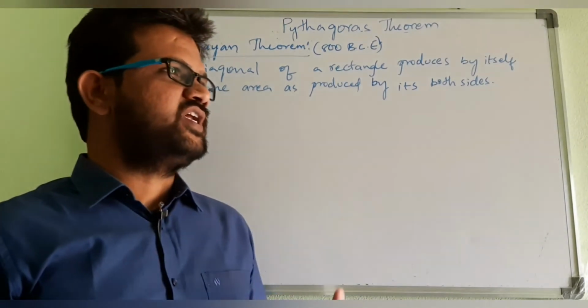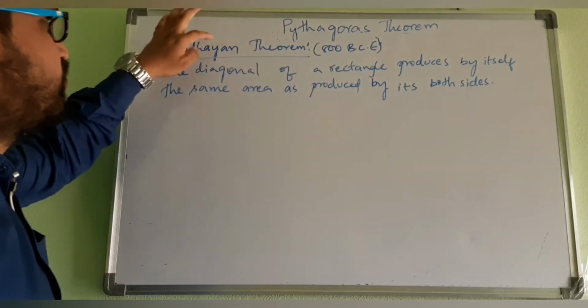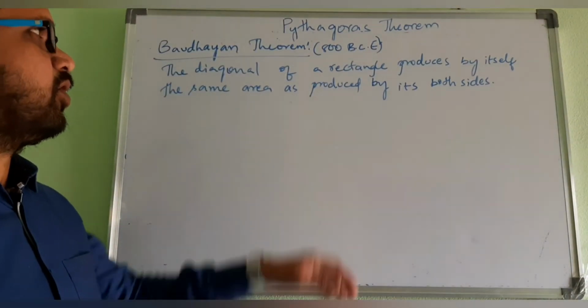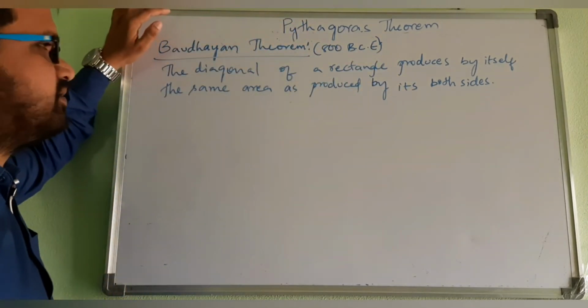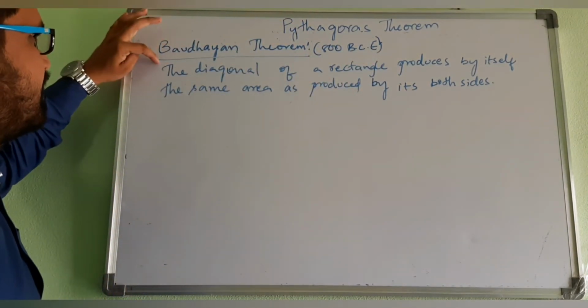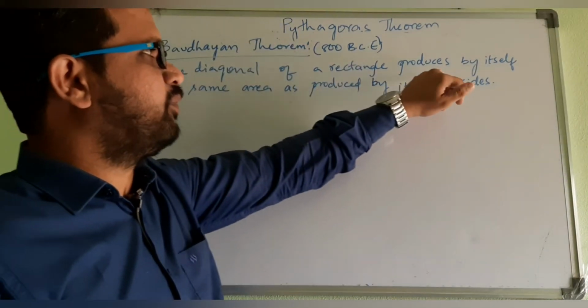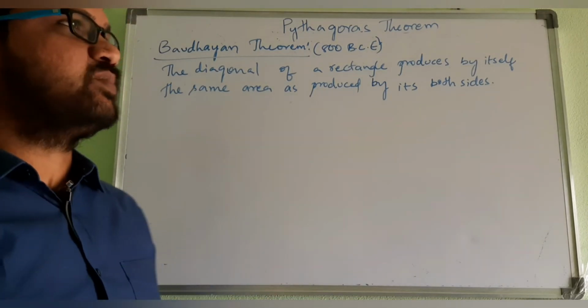Okay, so sometimes this Pythagoras theorem, we call it the Baudhayana theorem. Why do we say this is the Baudhayana theorem? Long back, around 800 BCE, Baudhayana, an Indian mathematician, had already stated that the diagonal of a rectangle produces by itself the same area as produced by its sides.